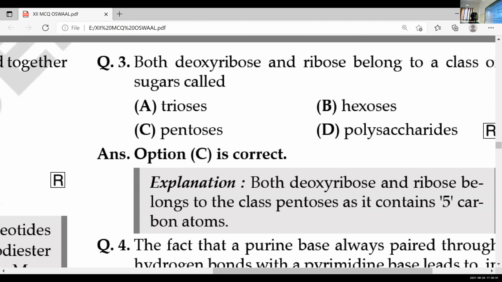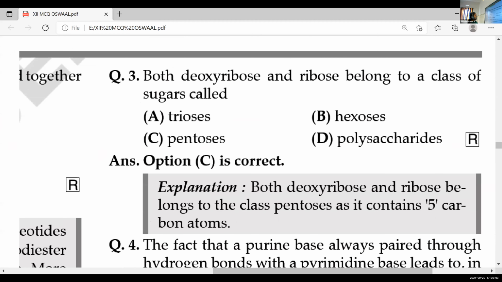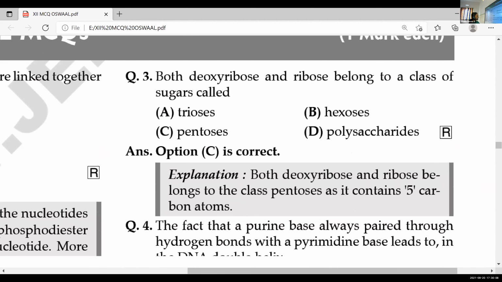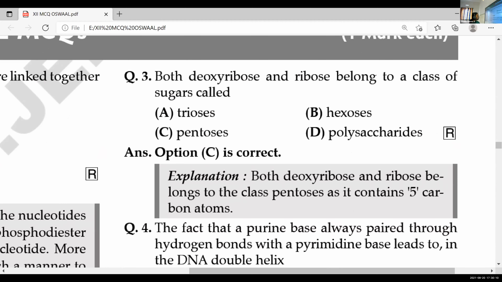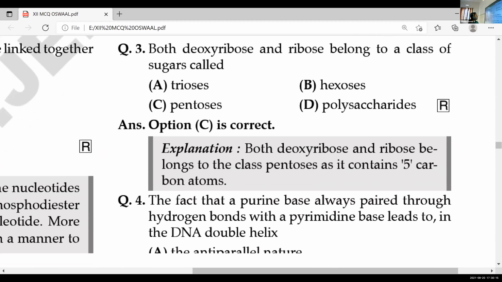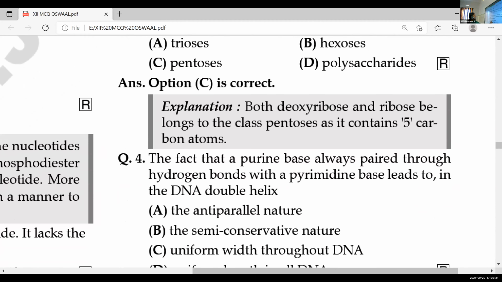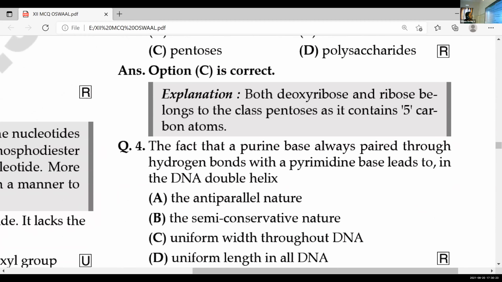Now, the fourth one. The fact that a purine base always pairs through hydrogen bonds with a pyrimidine base leads to what in the DNA double helix? The anti-parallel nature, semi-conservative nature, uniform width throughout DNA, or uniform length in all DNA?